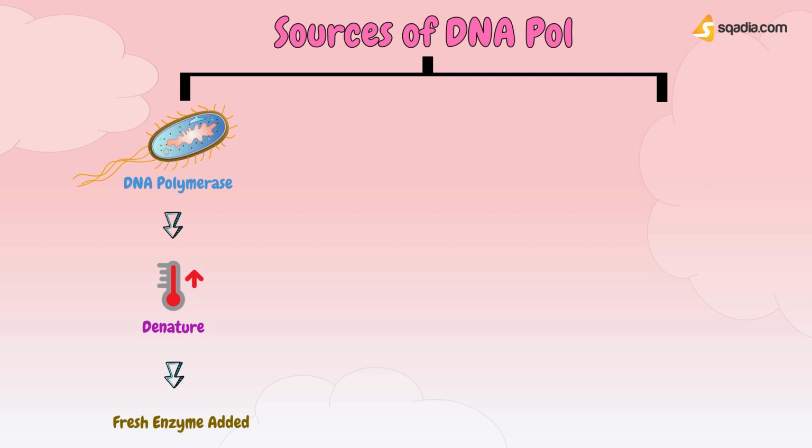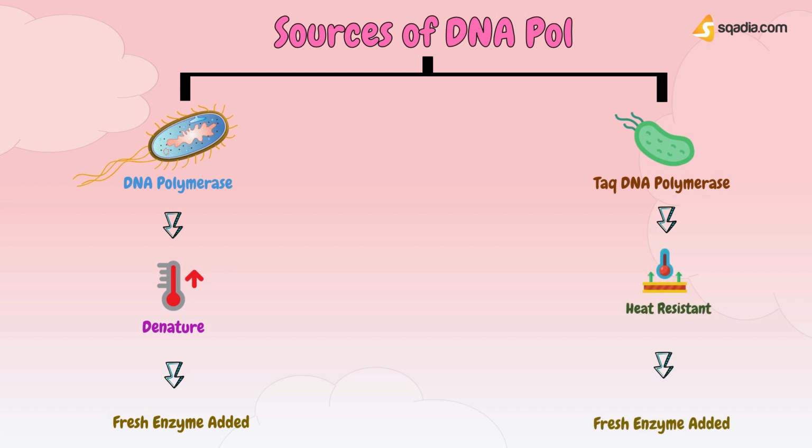A breakthrough occurred with the introduction of Taq deoxyribonucleic acid polymerase from thermophilic bacterium called Thermus aquaticus. The Taq deoxyribonucleic acid polymerase is heat resistant, so it is not necessary to freshly add this enzyme for each cycle of polymerase chain reaction.